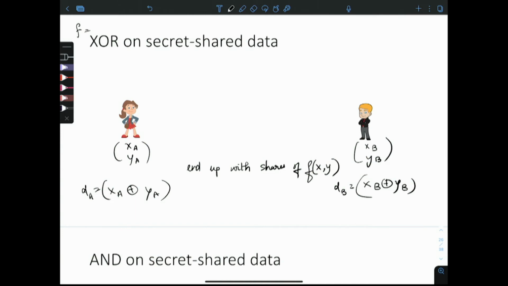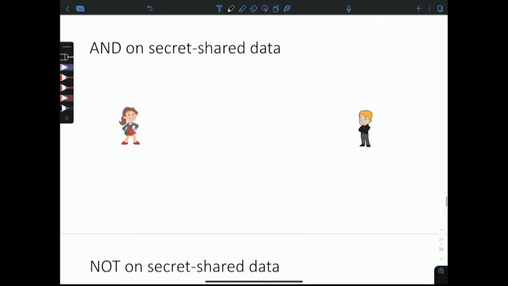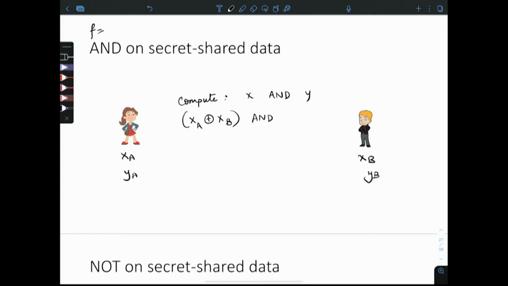Now, this is the easiest case. Let me move on to the more interesting example, which is AND. Again, what do we have? We begin with a setting where Alice and Bob have shares of two inputs, X and Y. What they want to do is compute the AND of X and Y, which is nothing but the AND of XA XORed XB and YA XORed YB.